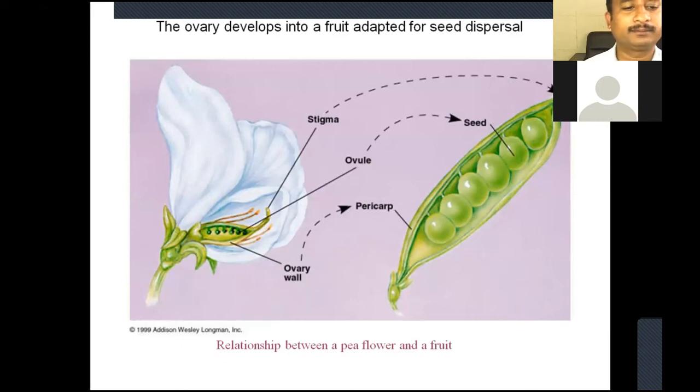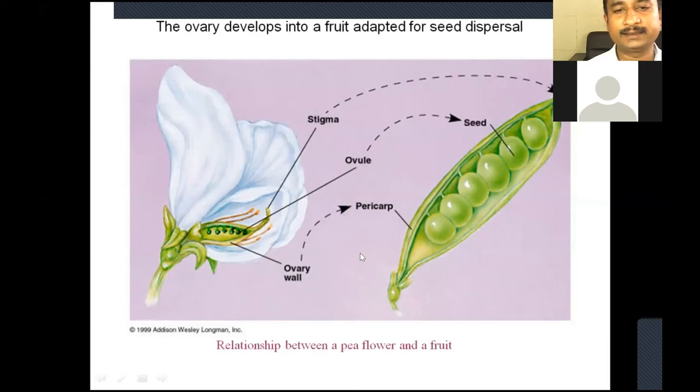For example, the relationship between the pea flower and the fruit. After pollination, what converts into what? If there is a stigma in the flower, that converts into the end beak of this fruit, and the ovary wall converts into the pericarp, meaning the cover of this fruit, and the ovule, after fertilization, becomes the seed.